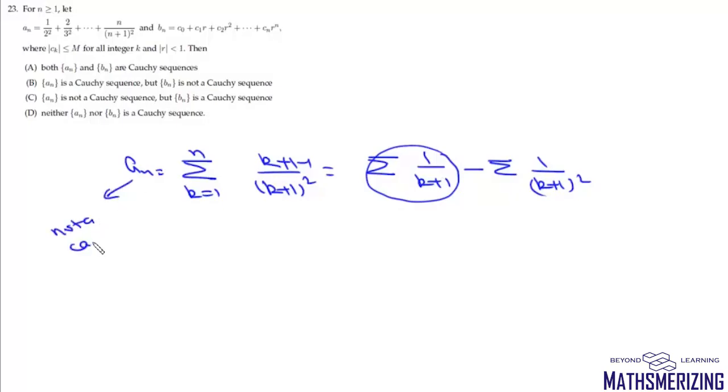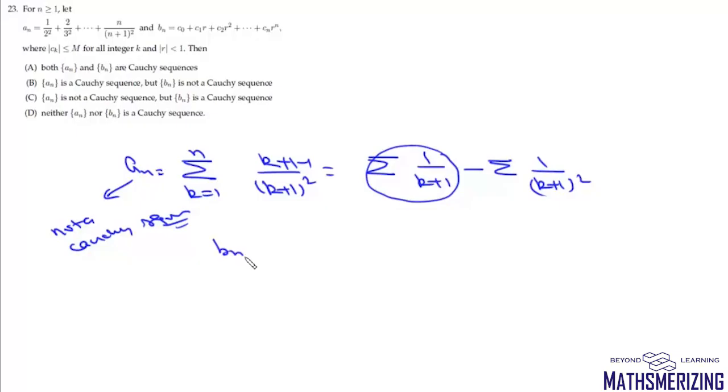So we can write this as summation 1 upon (k plus 1) minus summation 1 upon (k plus 1) square. Now we know that this summation 1 upon (k plus 1) is not a Cauchy sequence. So from here we can say that this An is not a Cauchy sequence.